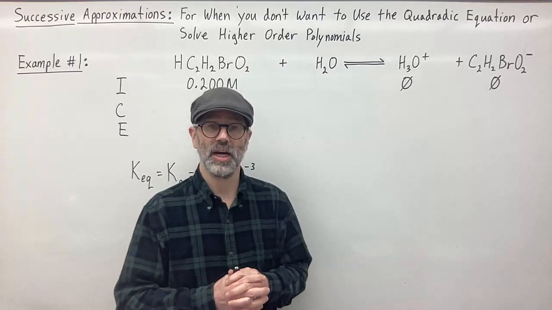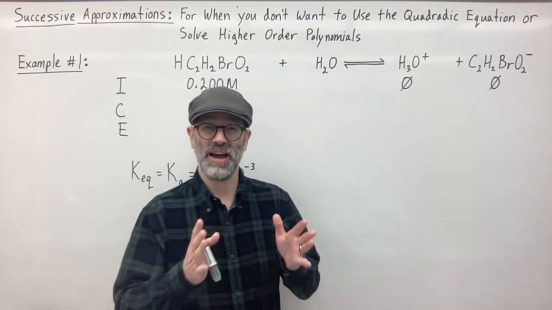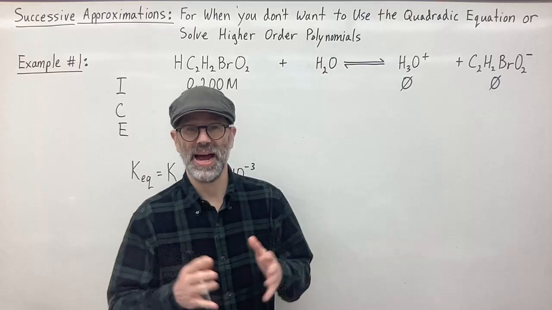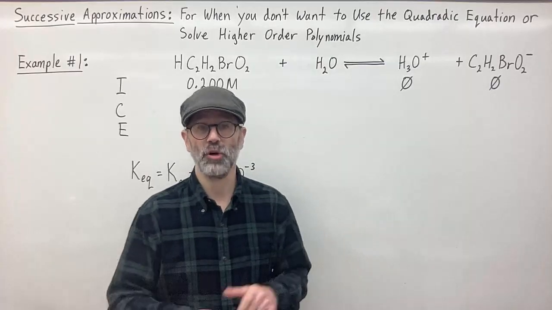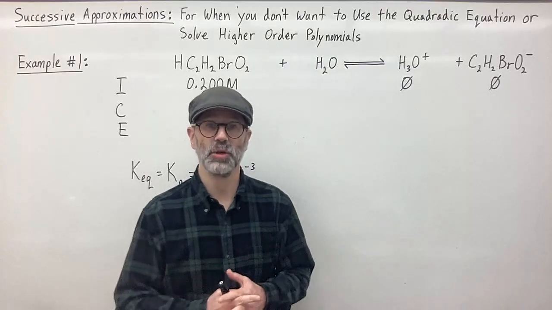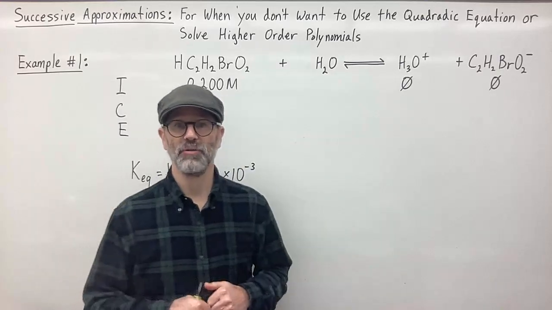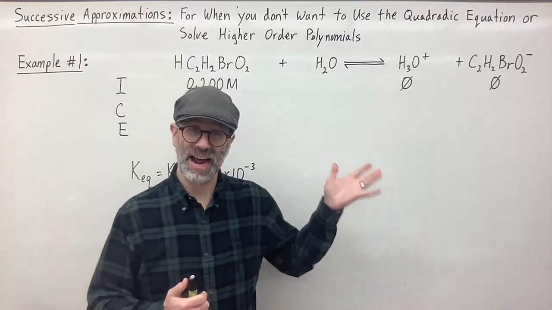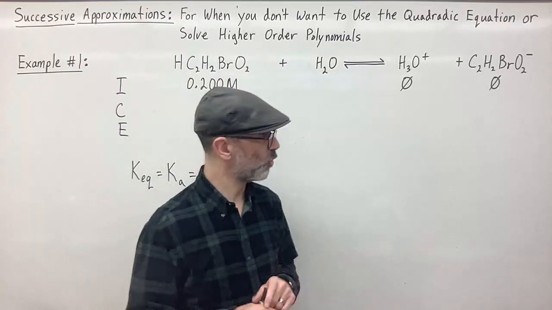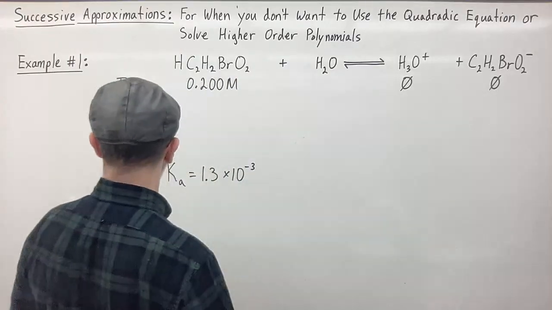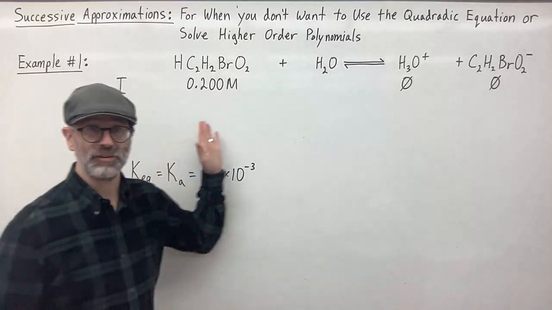So if your x value is not small enough, then it won't pass. So this works also for your acid-base equilibria as well, since we're dealing with equilibrium reactions, and acid-base reactions are also equilibria.